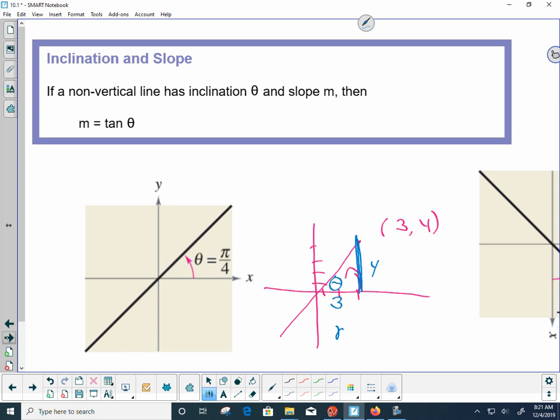What is the slope of this line? What's my rise? 4/3. My slope is 4/3. To find this angle, I have the opposite and adjacent. What trig function is opposite over adjacent? Tangent. And that's how we get this formula: my slope is going to equal the tangent of the angle.